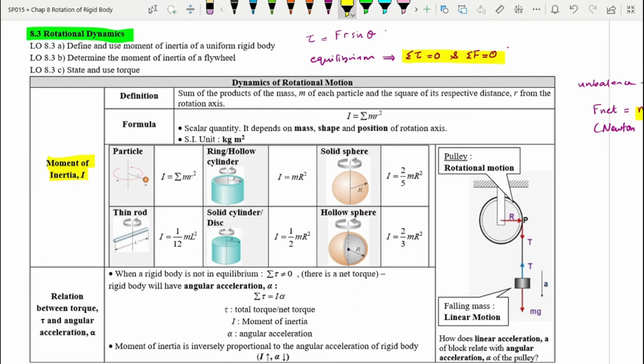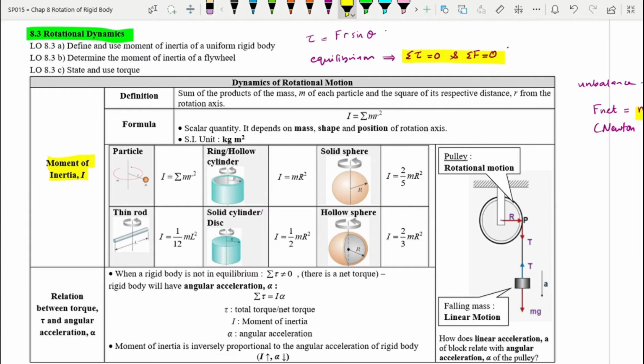Kalau ada perubahan yang berlaku pada objek itu, kalau dia sedang at rest, kalau dia stationary, kalau someone start to push the object, dia sebenarnya ada tendency to stay stationary, staying at rest. Sama juga kalau object in motion, kalau someone try to stop the object from moving, so actually object tu tend to keep on moving.